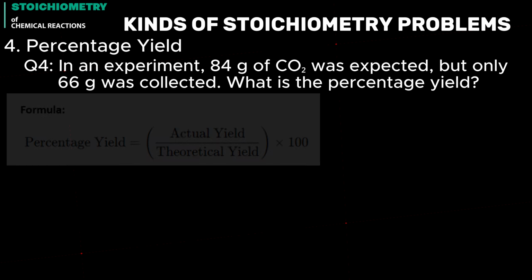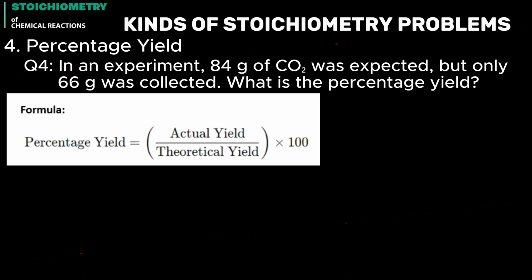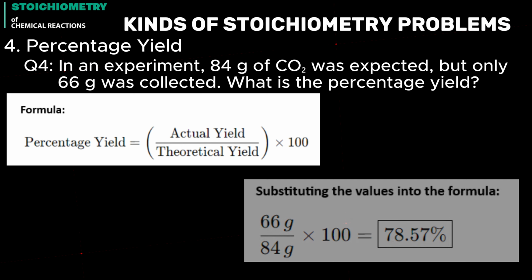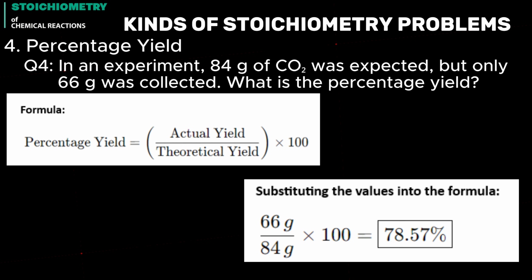You have the formula there. Percentage yield will be the actual yield all over the theoretical yield or the expected yield, and then multiply by 100. So when you substitute the values into the formula, you have 66 grams over 84 grams multiplied by 100, you have 78.57%. That's the percentage yield.